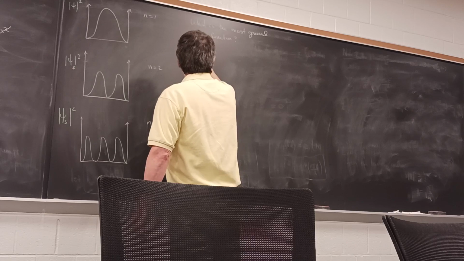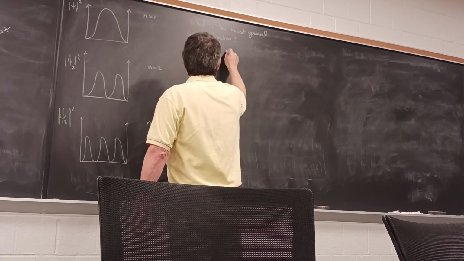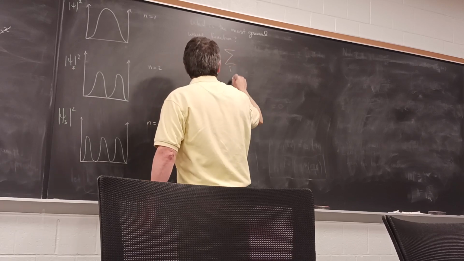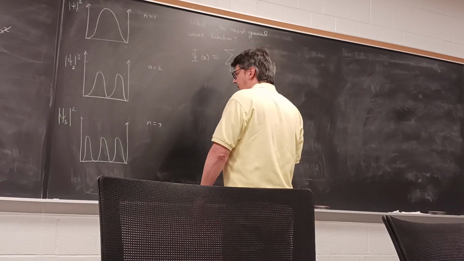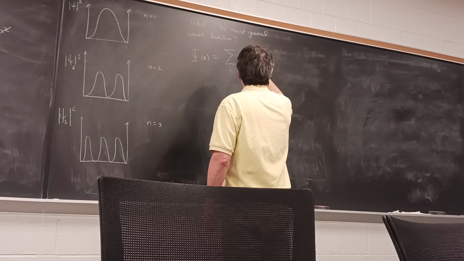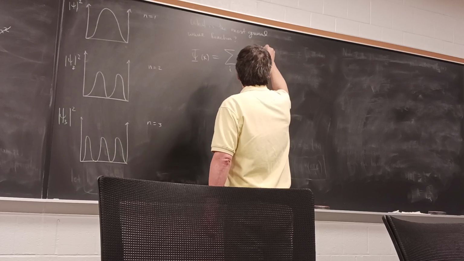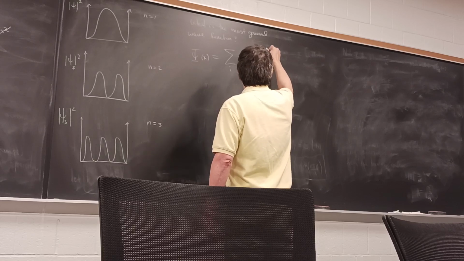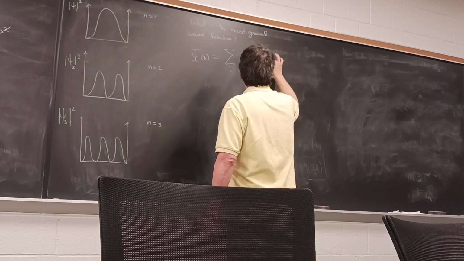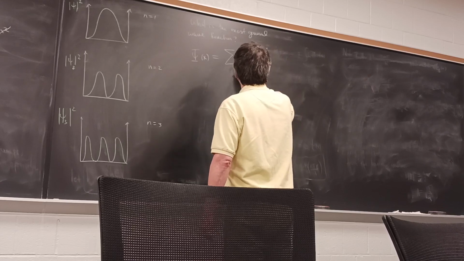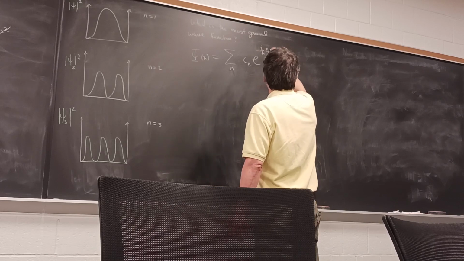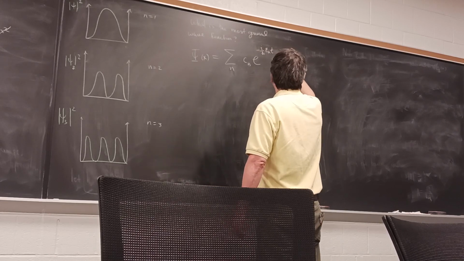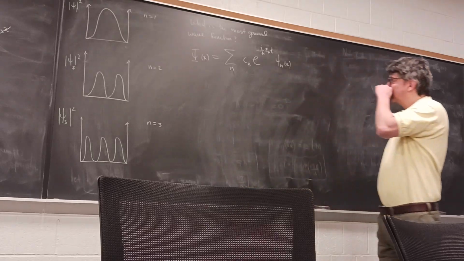Well, if we write the most general wave function, it has to be a sum over n of the c sub n times e to the minus i E n t over h bar, since we've been using n, times psi n of x.